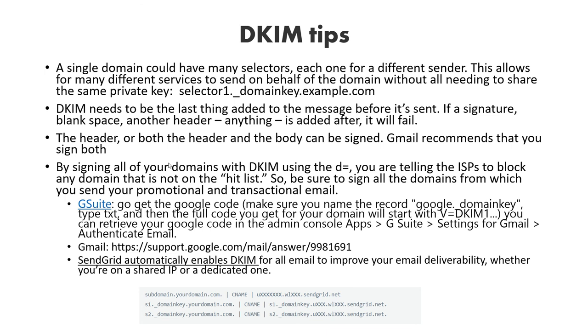And the final thing: by signing all your domains with DKIM using the d= tag, you are telling those ISPs to block any domain that is not on that hit list. So be sure to sign all the domains from which you send your promotional and transactional emails, because if you're not, then it's not going to pass that aspect. We've talked about that before.